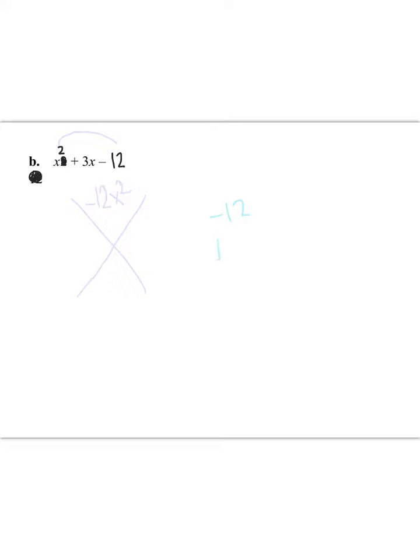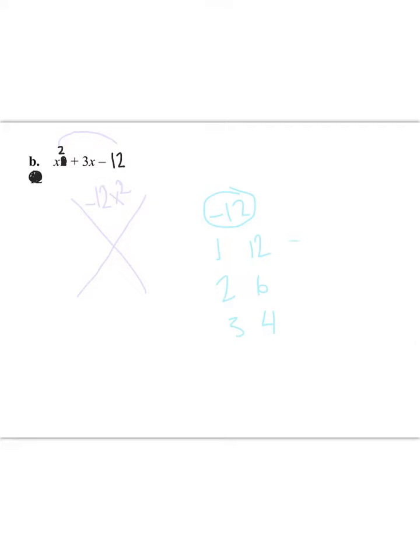So I could have 1 and 12, 2 and 6, 3 and 4. And obviously one of those values in each of those pairs needs to be negative in order for us to get negative 12. So we need to pick one of those pairs that when we add them together, we get positive 3.